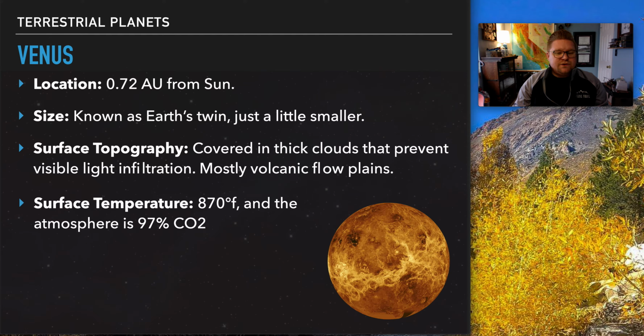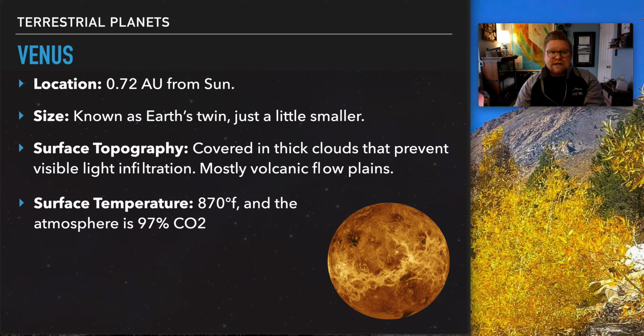Our next planet we'll introduce is Venus. This is about 0.72 astronomical units from the sun. It's known as Earth's twin. It's about the same size, just a smidge smaller. The surface is covered with very thick clouds that prevent visible light and radiation emitted from the sun from being absorbed on the surface. But once you can observe beyond that atmosphere, we can see that it's mostly volcanic flow plains.